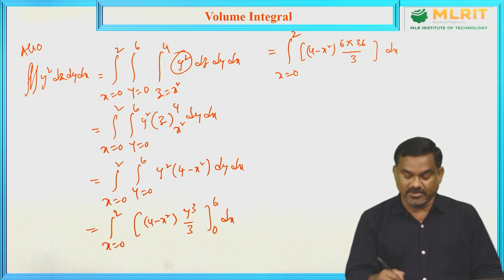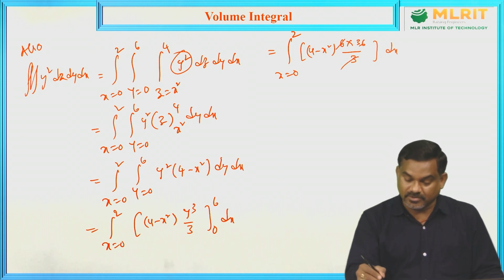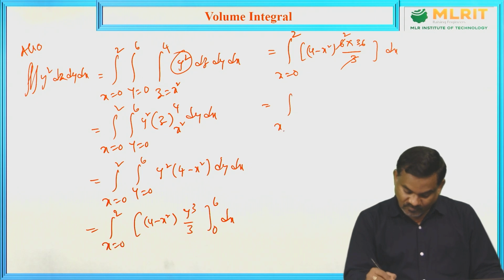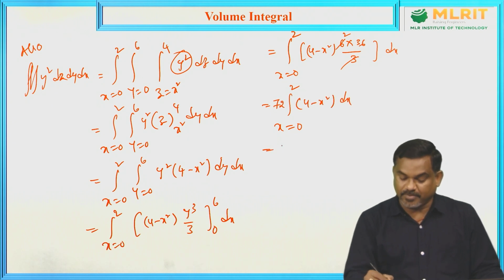Since the upper limit is 6, 6 cube can be written as 6 into 6 square, just for our convenience. And here x from 0 to 2, so this is 72, that comes out, 4 minus x square dx. With respect to x, 4x minus x cube by 3, 0 to 2.